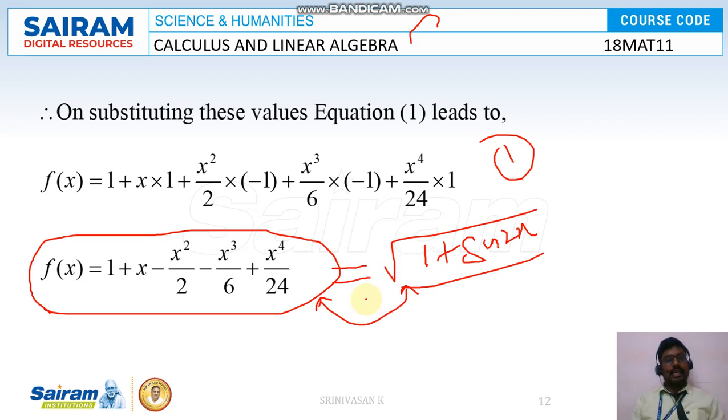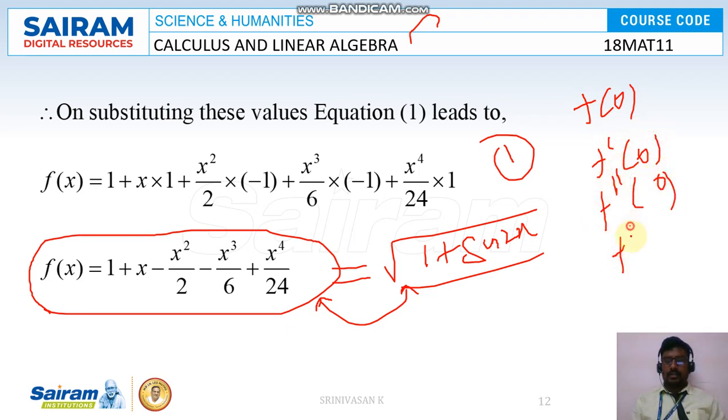So everything is expansion, and we saw how to find an expansion using the Maclaurin series. The process is just to use the formula and then find f of 0, f dash of 0, f double dash of 0, f triple dash of 0, and f fourth dash of 0.